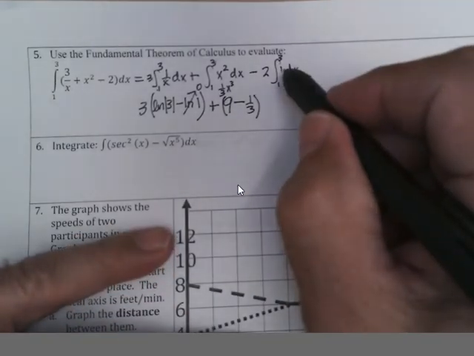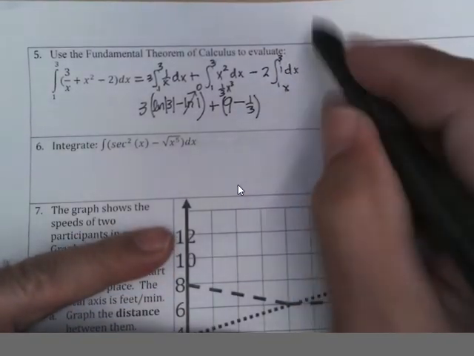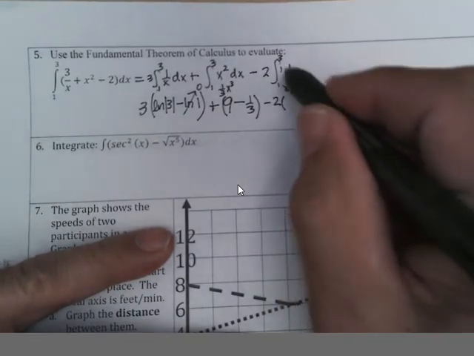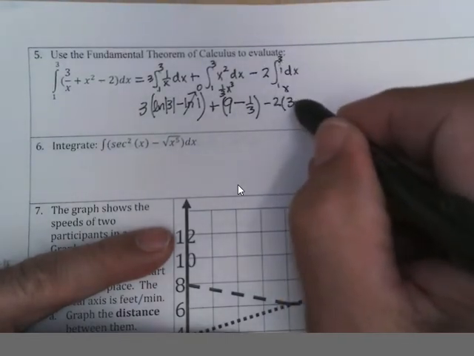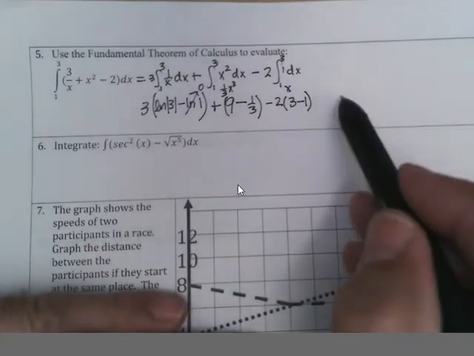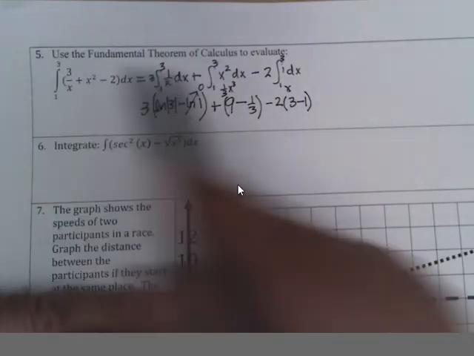And then here, that goes to x, and so we put in 3, and we get minus 2 times 3 minus 1. And no plus c, because this is a definite integral.